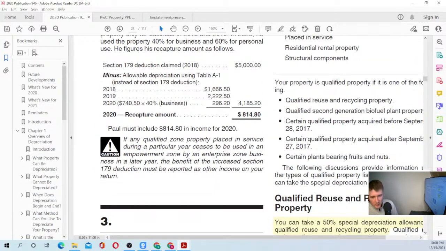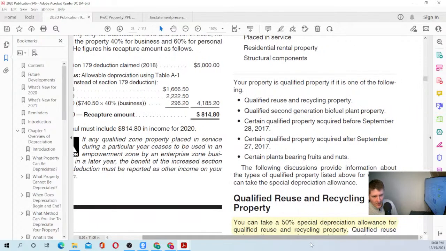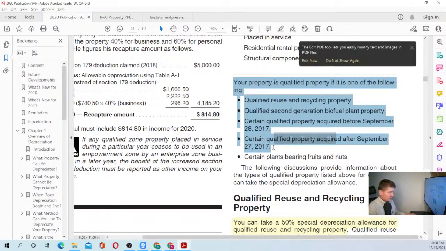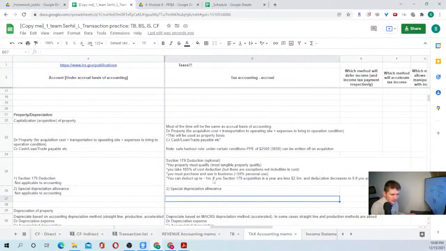Your property is qualified if it is one of the following: reuse and recycling property, qualified second generation biofuel plant property, certain qualified property acquired before September 2017, certain qualified property acquired after September 2017. So let's add it here.